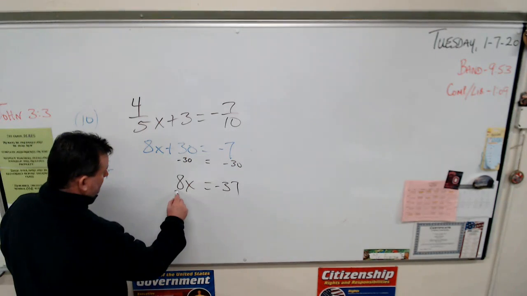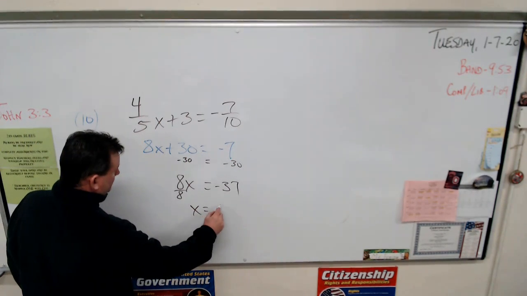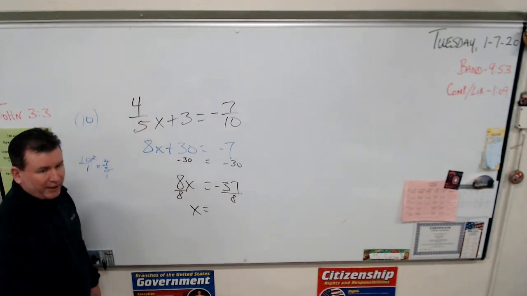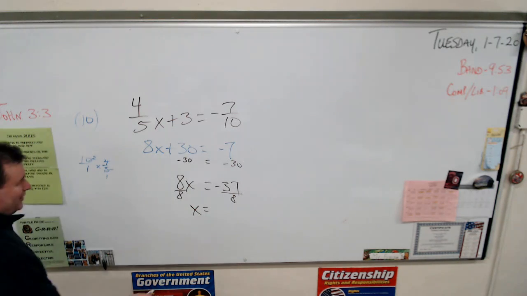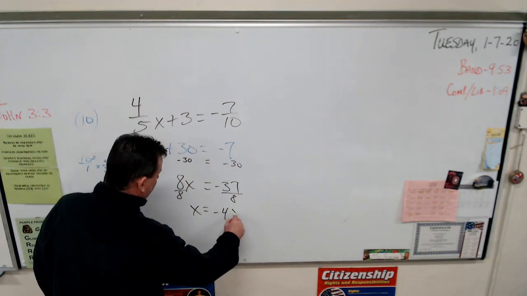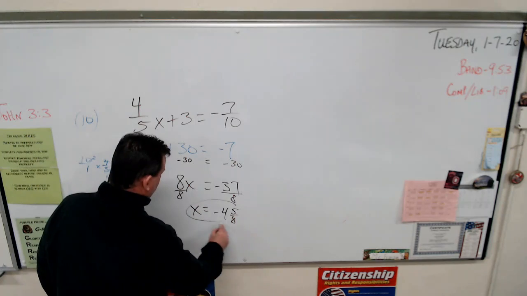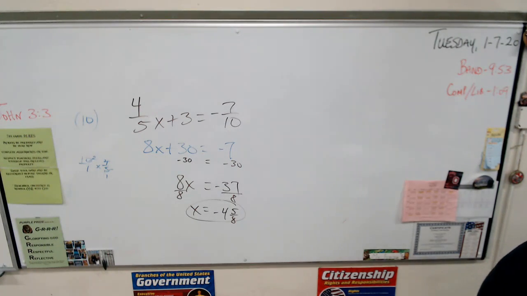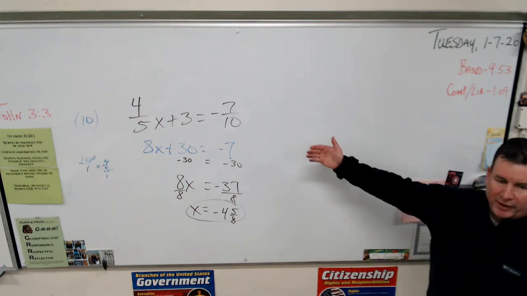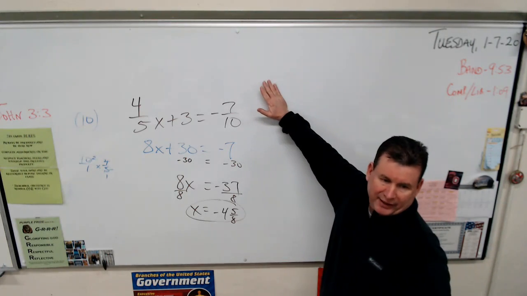Divide. Negative 37 divided by 8. You should be able to do that in your head by now. 4 and how many? 5/8. Is it negative or positive? Negative 4 and 5/8.